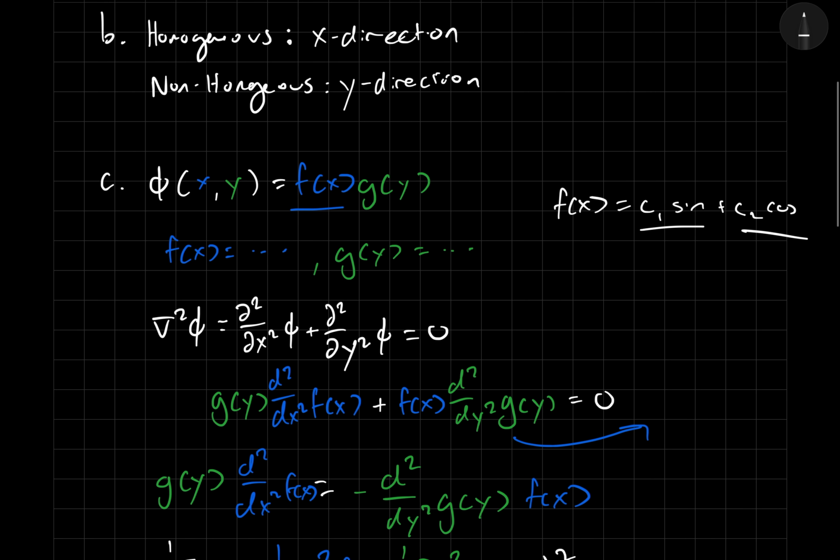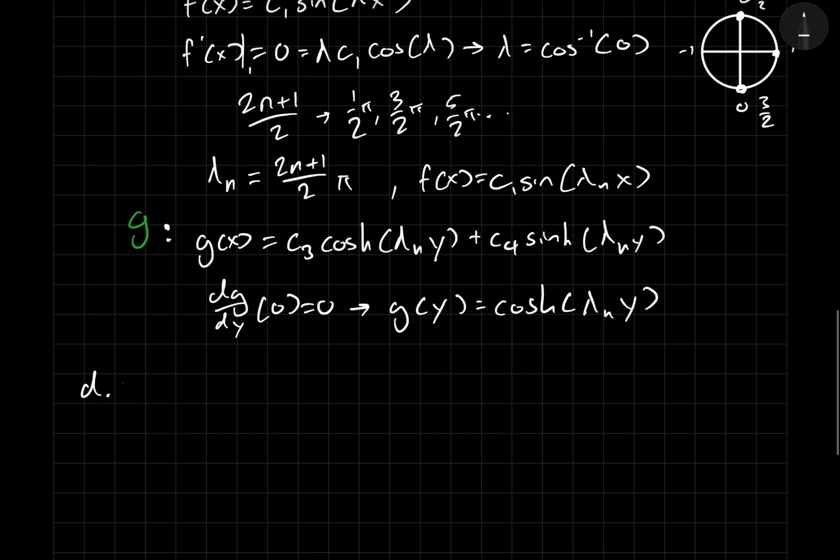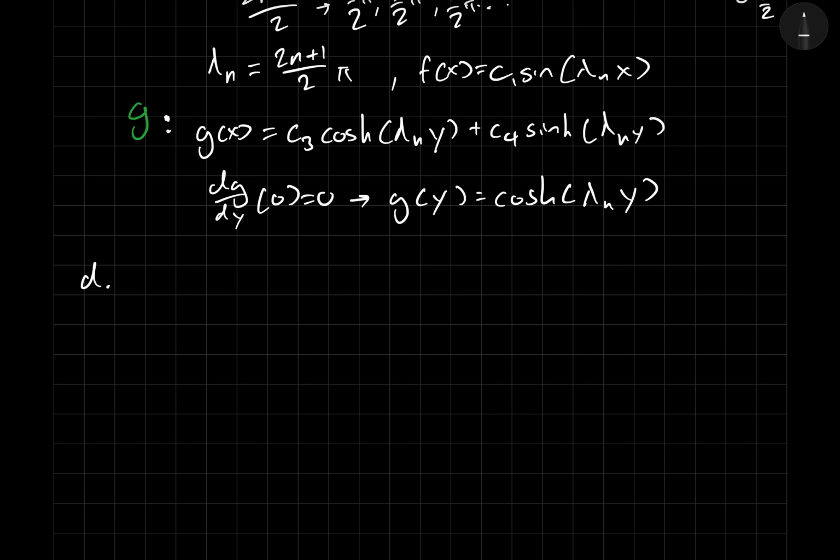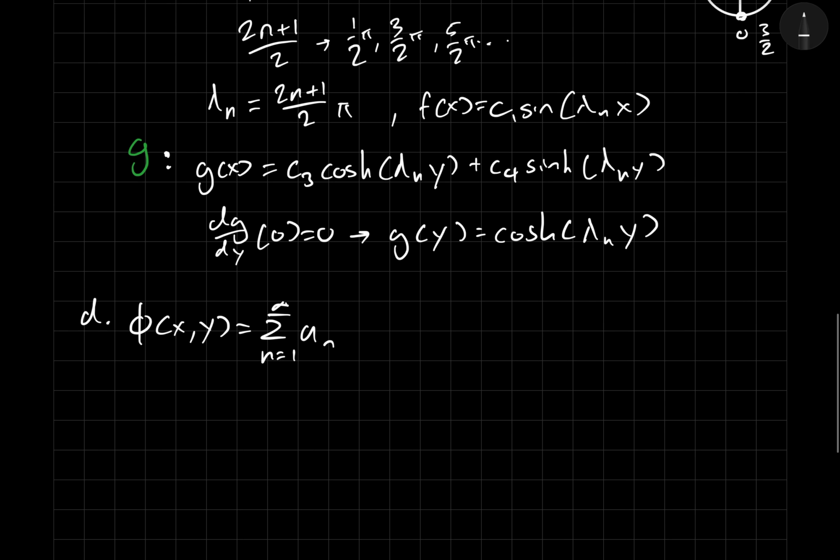And finally, for part D, to get the series representation of the solution, we simply want to add together all possible combinations of the solution, which is also known as the superposition. And this is going to be phi of x, y equals the sum from n equals 0 to infinity, and we could just drop some kind of coefficient A_n across. And this is going to basically represent all of the possible solutions of what we had.